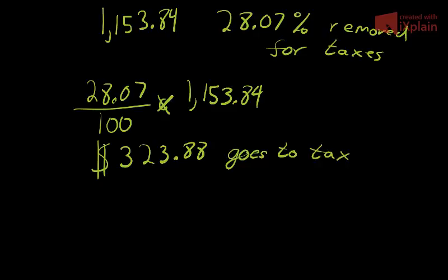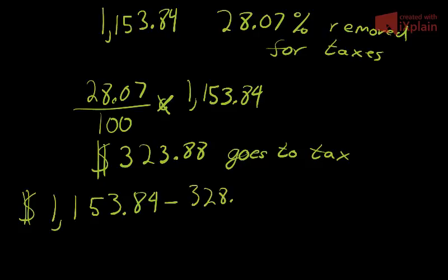It's a lot of money. But if we want to figure out how much that means she gets to keep, if she starts with $1,153.84 and $323.88 goes to tax, we're going to have to subtract that minus $323.88. There we go.